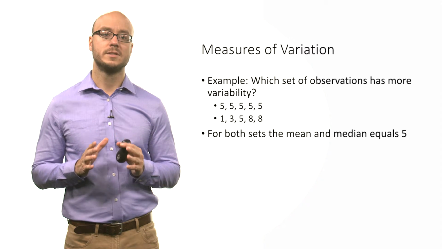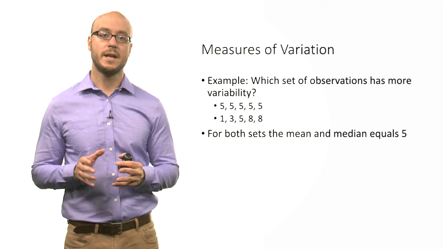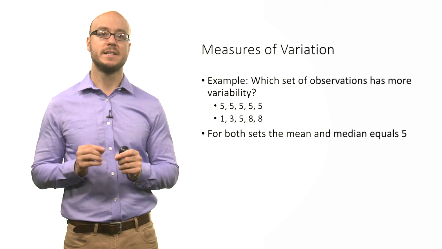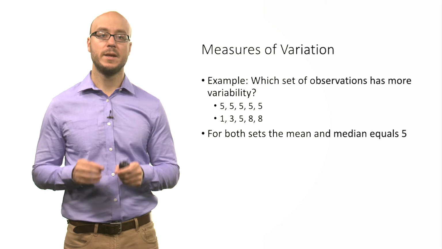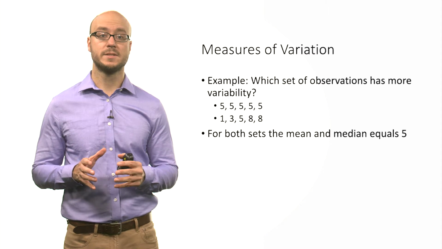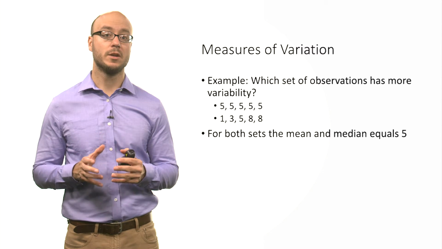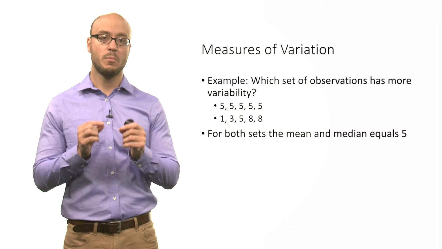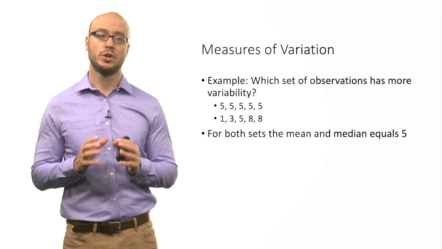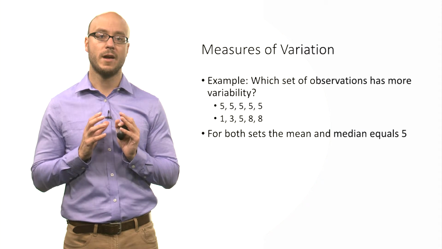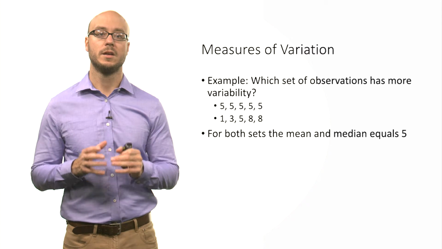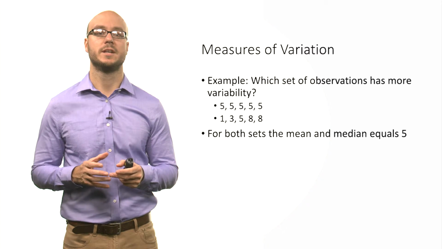The one point, though, is that if you just look at a measure of central tendency for both of these data sets, the mean and the median are the same. For both, the mean is 5, and for both, the median, or the 50th percentile, is 5. So measures of central tendency don't always get at the idea behind the variability, the range, the variation of the data set.